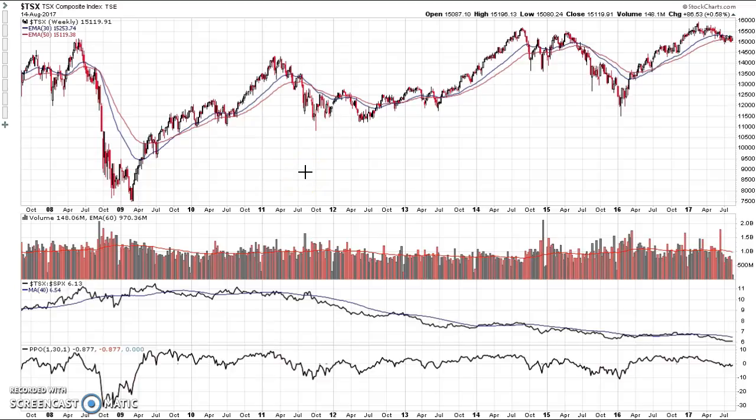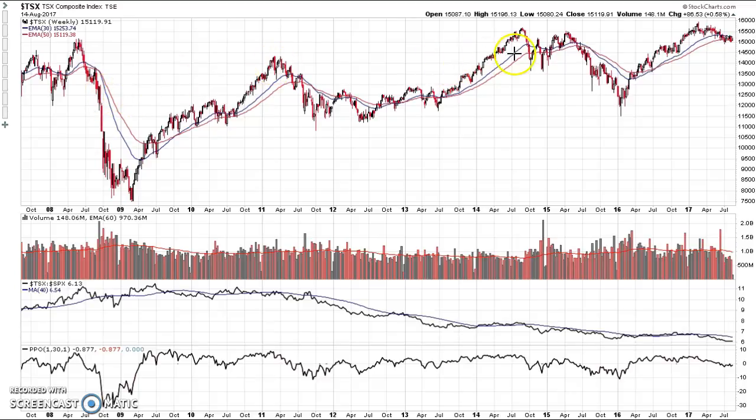Now you can see this shows the last 10-year history of the TSX, and obviously using a trend following system like stage analysis would have kept you out of the devastating bear market, or a large portion of it, in 2008, which actually this index is still, 10 years later, almost to the top of the range, but you can see how devastating a bear market can be, even to an index.